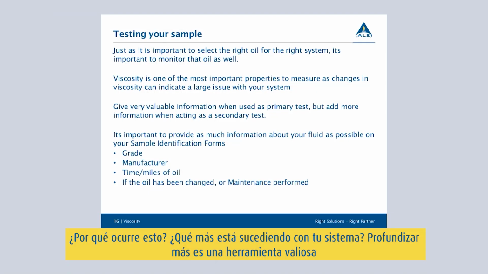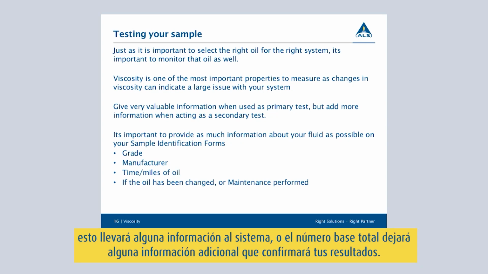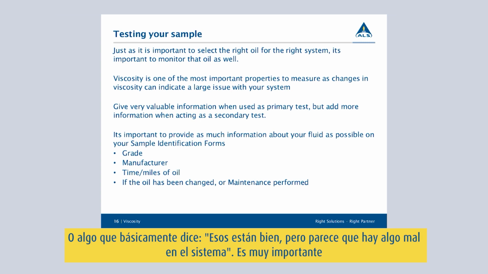So to get a little more into that, it's basically saying that it's a very valuable tool as a primary test, but it also adds a lot of information as a secondary test. So if you are having your total acid number checked, or total base number, it's going to lend some additional information that's either confirming your results or something that basically says, okay, these ones are fine, but it seems that there's something else wrong with your system.